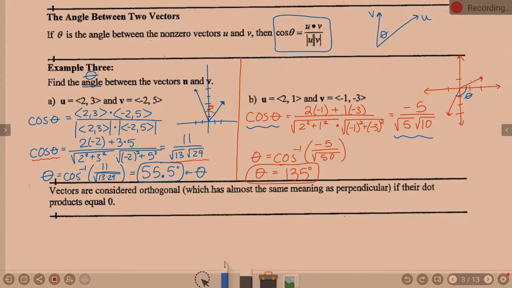Okay, before we move on to the backside, we have a vocabulary word here, and that vocabulary word is orthogonal. Orthogonal means basically about the same as perpendicular. What is perpendicular?